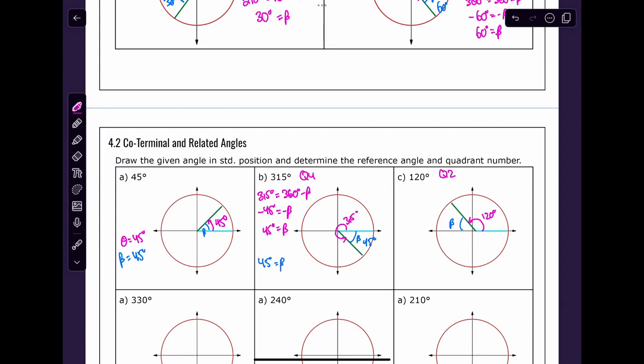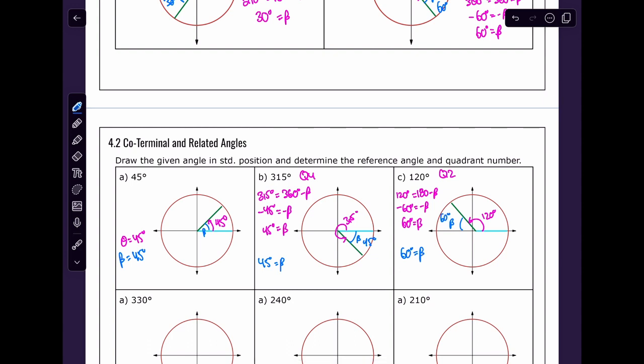So we have our angle in standard position as 120. That's going to be equal to 180 minus the reference angle. So solving for that, it'll be minus 60 degrees is equal to minus beta. So 60 degrees is equal to our reference angle. So our reference angle will be 60 degrees.